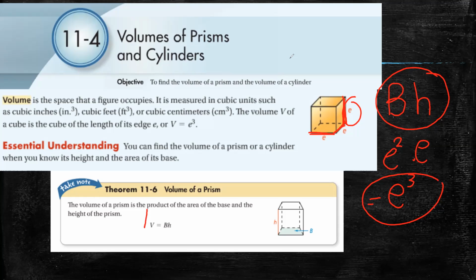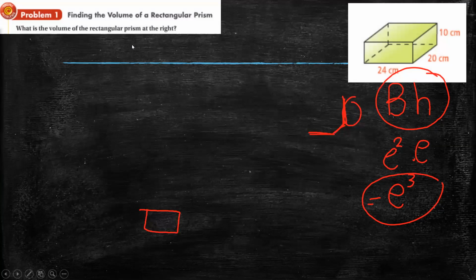So if you want to find the volume of the prism, it is the product of the area of the base times the height of the prism. The volume is B times H, the area of the base times the height, where the height is perpendicular on the base.